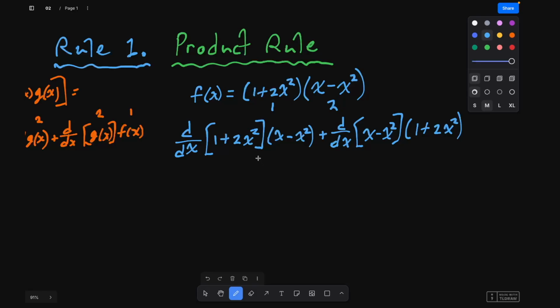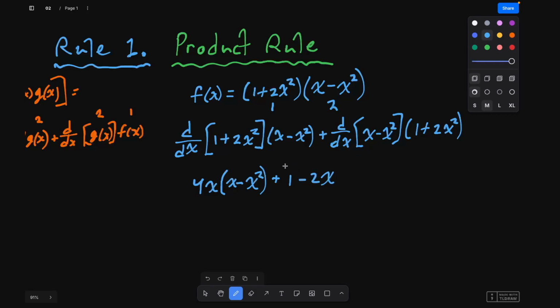So now we set up the product rule by following the formula, and now we look at the d/dx's and take the derivatives. So this is going to be 0 plus 4x, and then that's multiplied by x minus x squared. That's the left side done. Then we have plus the derivative of this. This is going to be 1 minus 2x.